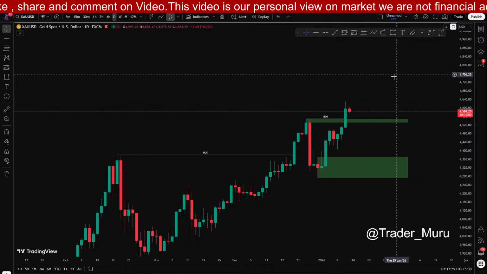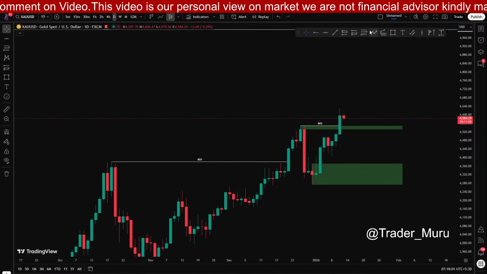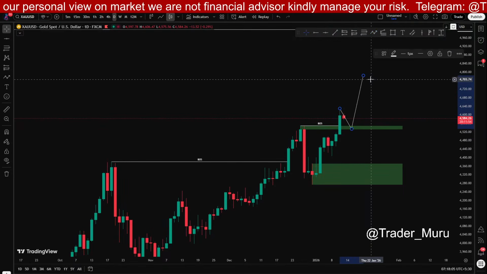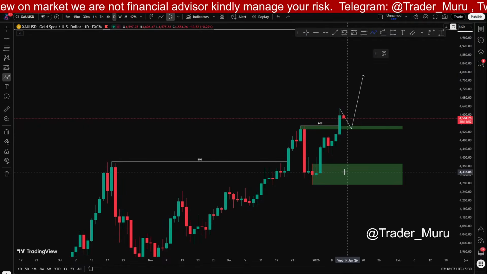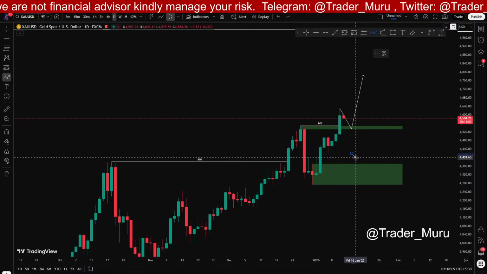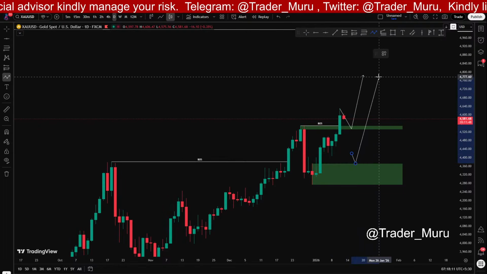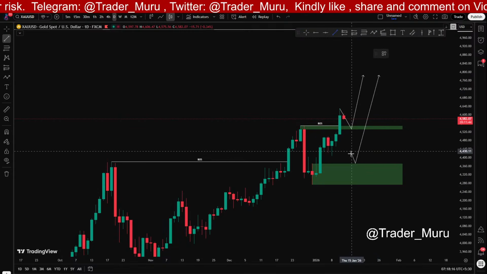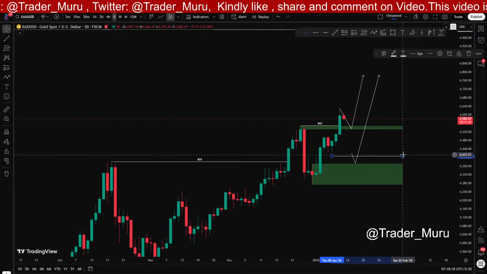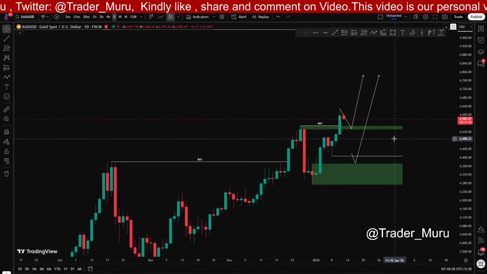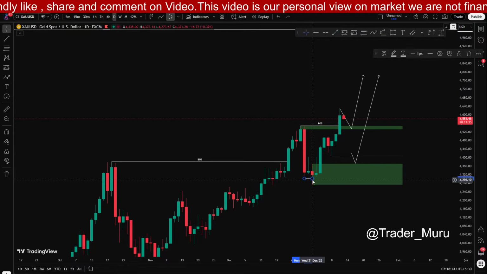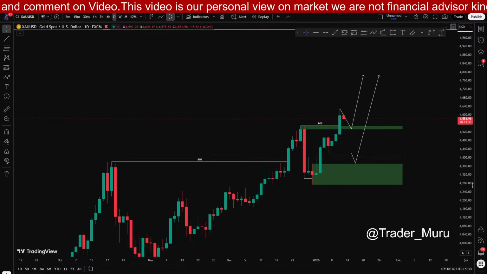So from these two areas, price will create a new path towards 4700. We have inducement 2, and this has a sweep, so this is a valid order block.